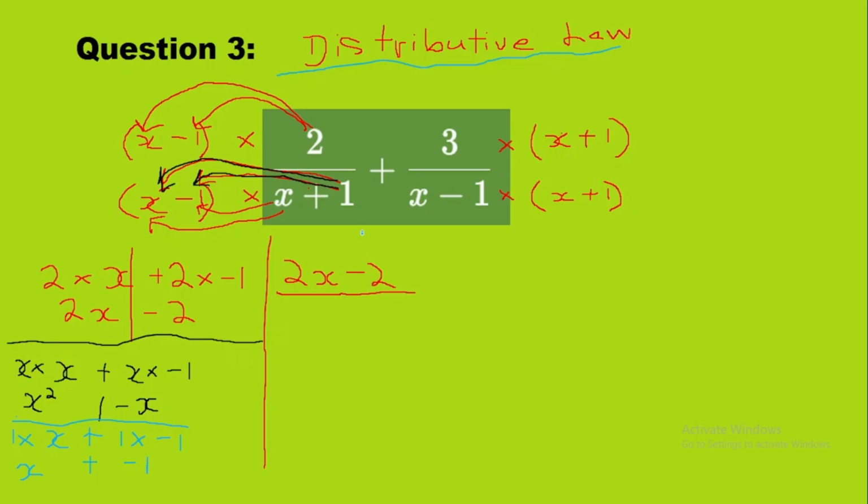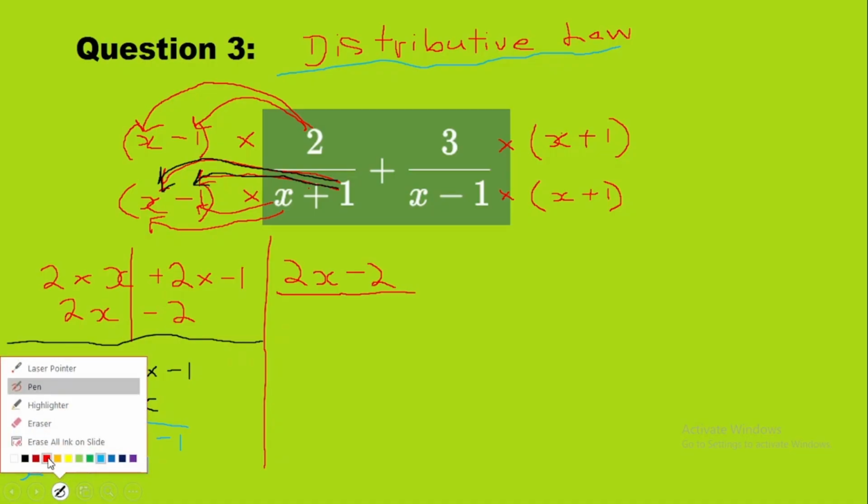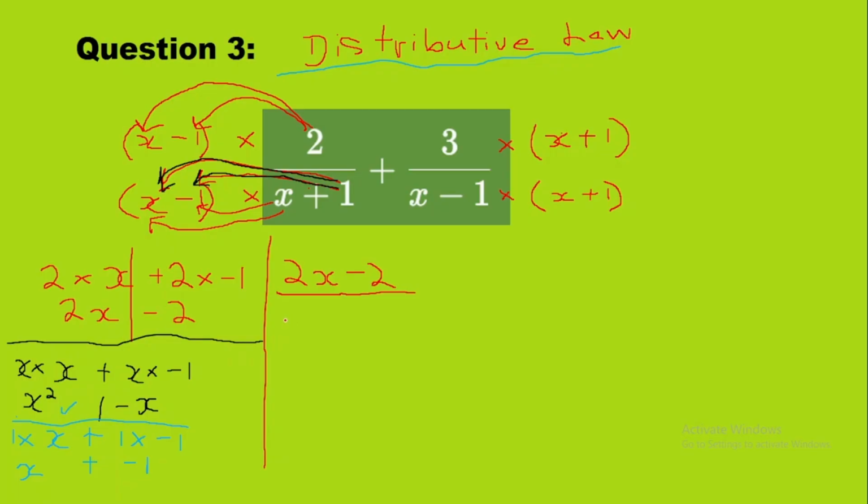So in order to get the denominator, let's quickly write down all the terms that we have. The first term was x squared. What we're going to do is add all the like terms together. So we have x squared.